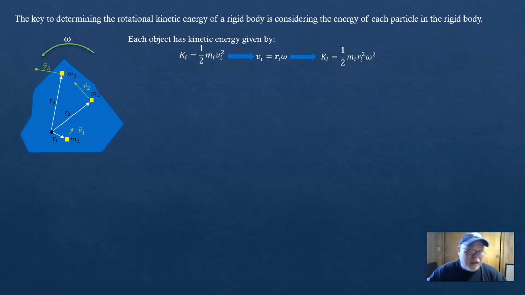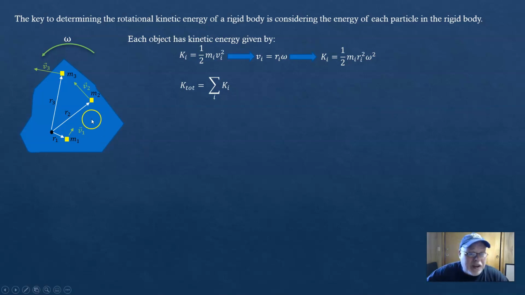Now here's the thing. Say I wanted to find the total rotational energy. Well, the way I could do that is add up the kinetic energies of each of the little pieces. Just add up the kinetic energy of this piece and this piece and this piece and all the other pieces that make up this object, and that's going to give me my rotational energy. So rotational energy is due to rotation, but I want you to see it's really just kinetic energy.